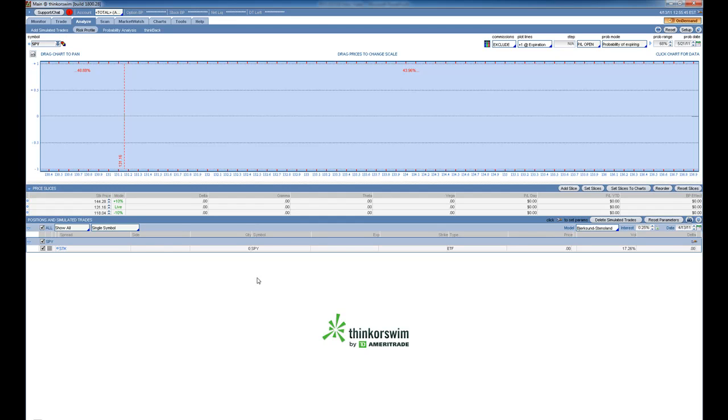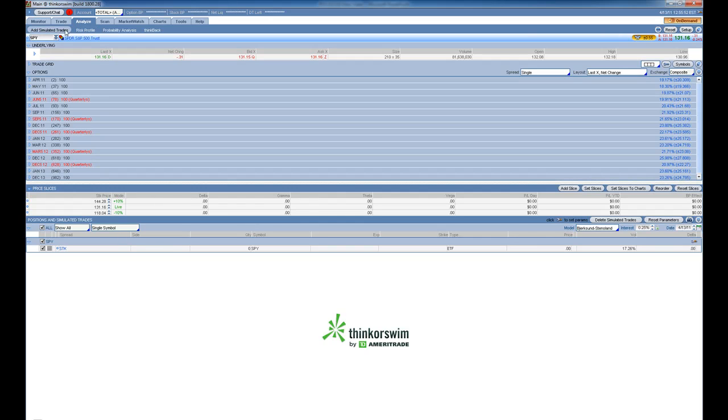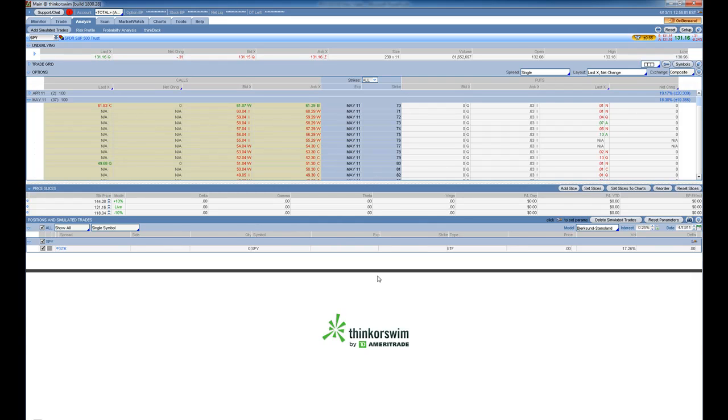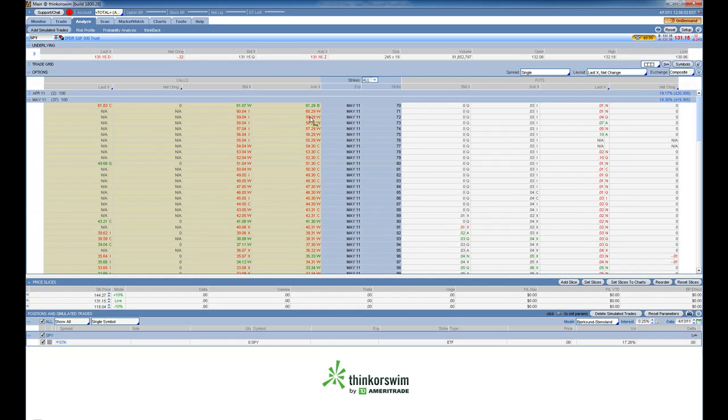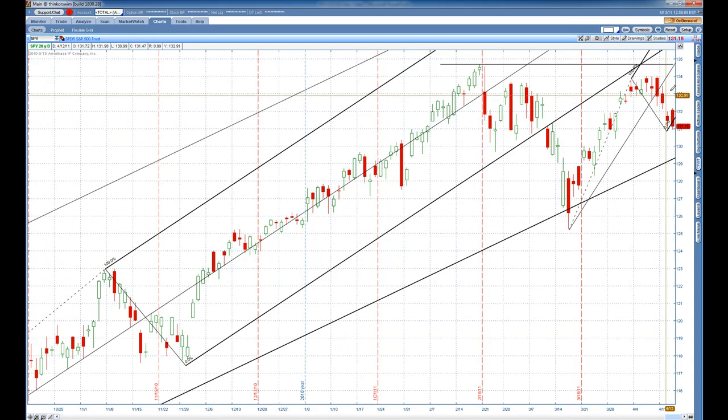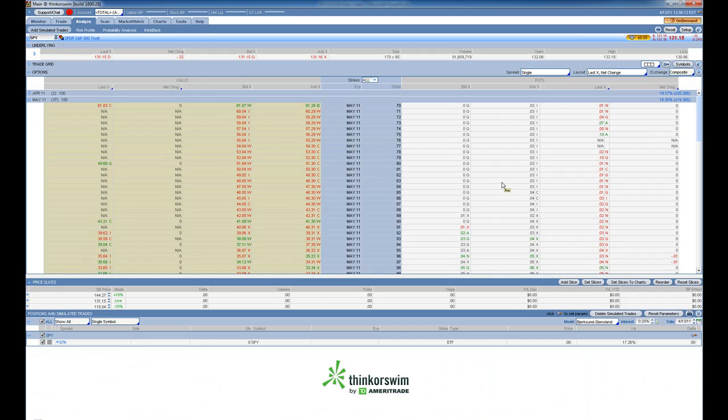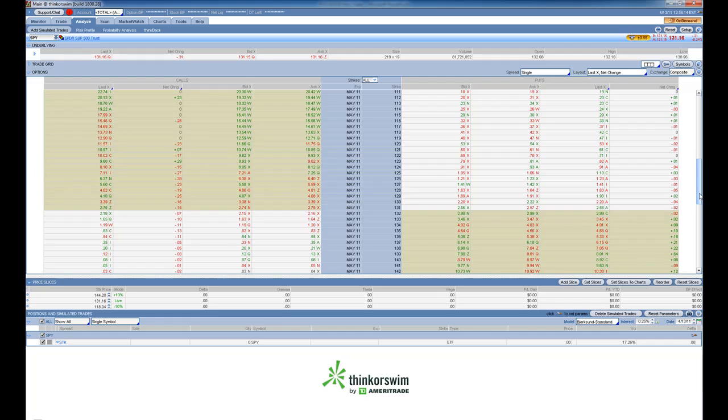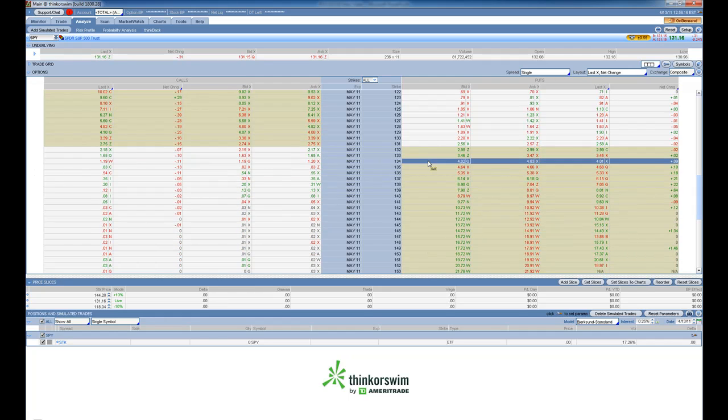We're using the Thinkorswim platform right now, and what we're going to do is create a trade. We're in the simulated trades area, and as of right now there are only 2 days left to April expiration, so we're not going to use that. But let's go into May, and going back to the chart here, we said we were going to try to shoot for about the 134 range, so let's come in here and do a 134 butterfly.